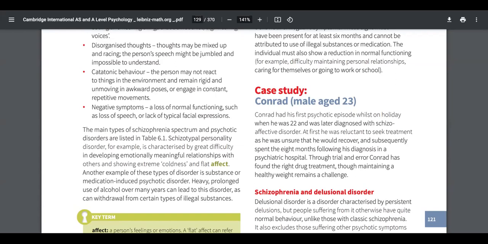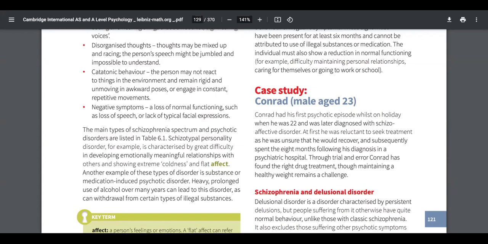They're just saying that when he was 22, that's when he actually had his first episode. That is when he discovered his first symptom and realized, okay, I might have schizophrenia. So that symptom must have been prolonged based on the conditions that we just looked at, right? Then they're talking about how he was reluctant to seek treatment, but then he did, and that did not just happen in a day or a week.